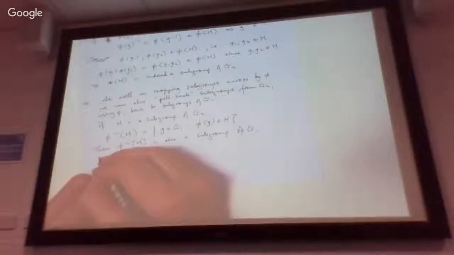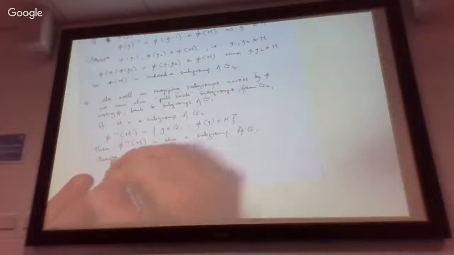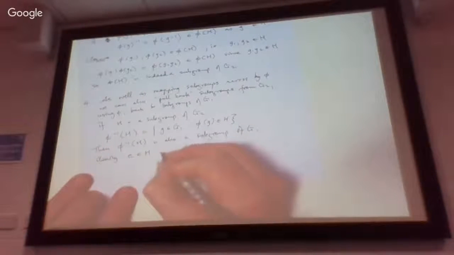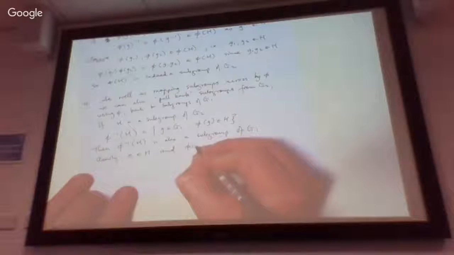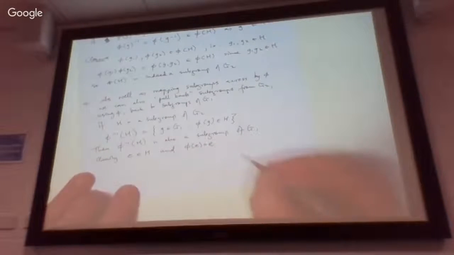Whatever subgroup property we need for the subset phi inverse of H is going to come from the equivalent subgroup property that H satisfies over in G2. Clearly, the identity is in H, and phi of e equals e.